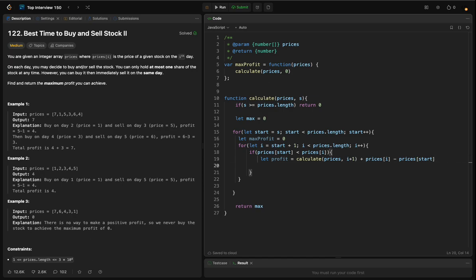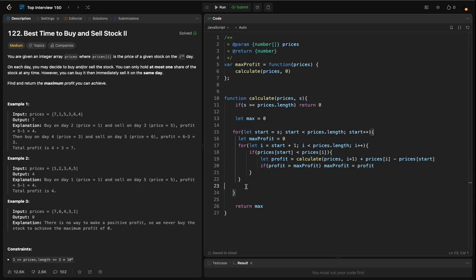And I will say if the profit is bigger than max profit, we will make max profit equal profit.